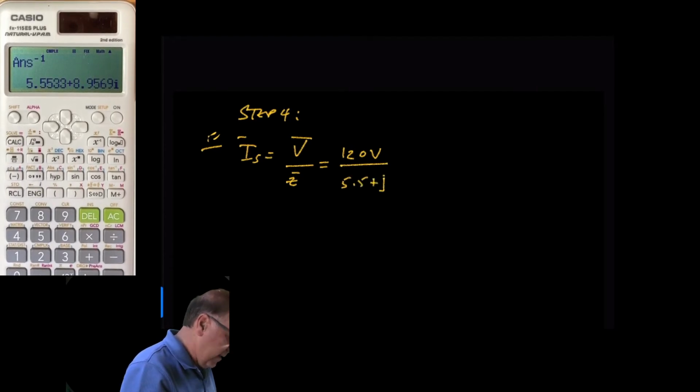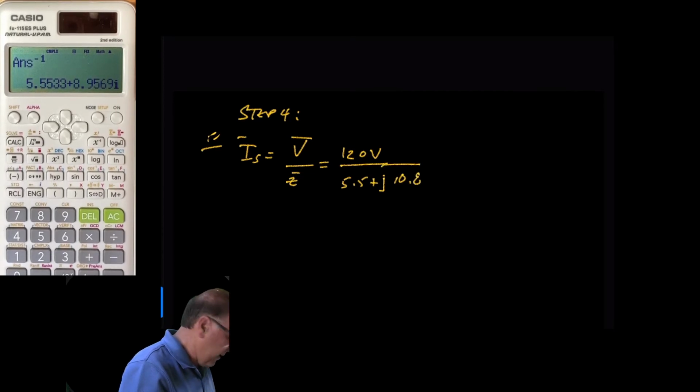For today, I'm just going to say that for this one, if we want to solve for IS, the source current, and that's a vector, V over Z, and that equals 120 volts over our impedance, which is 5.5 plus j10.8.